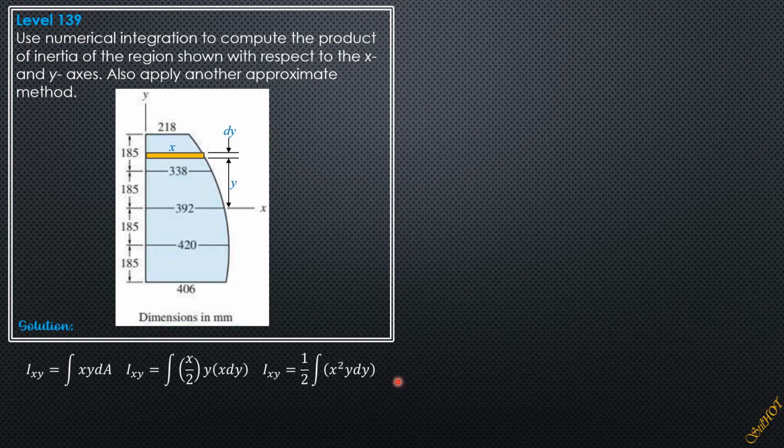Then if we apply Simpson's one-third rule, this dy here is delta y, and the h0, h1, h2, and so on would be this x square y term.